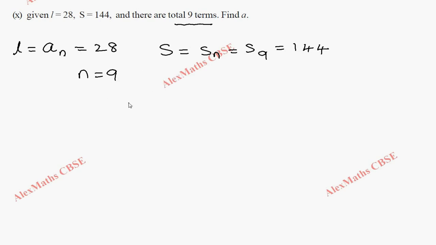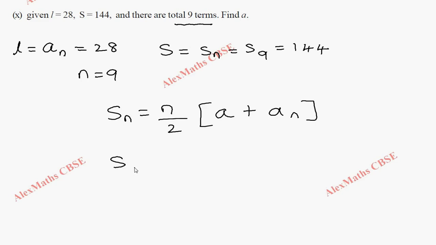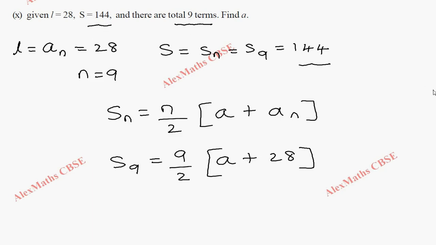We have to find A, and we know the formula Sn equal to n by 2 into A plus An, since we know An. Now the value of n is 9. So S9 equal to 9 by 2, and we write A as it is because we don't know its value. An is 28. Now Sn value is 144, which is given in the question as S.